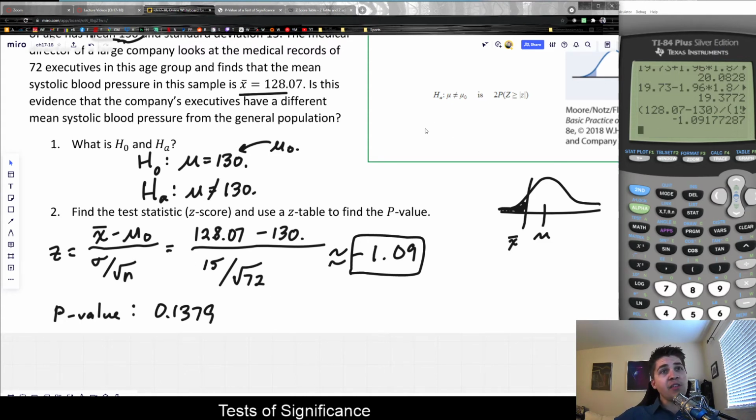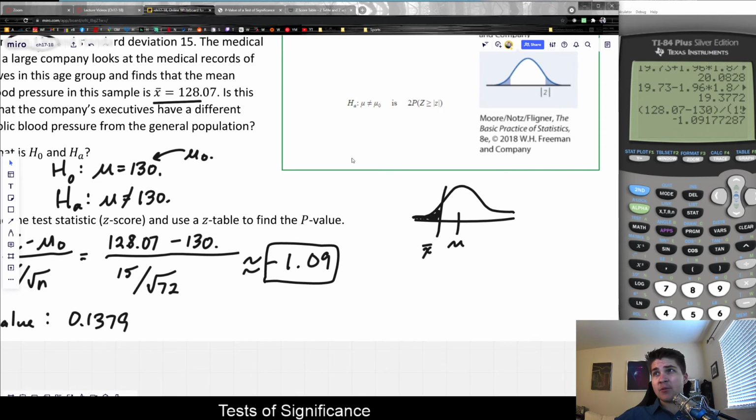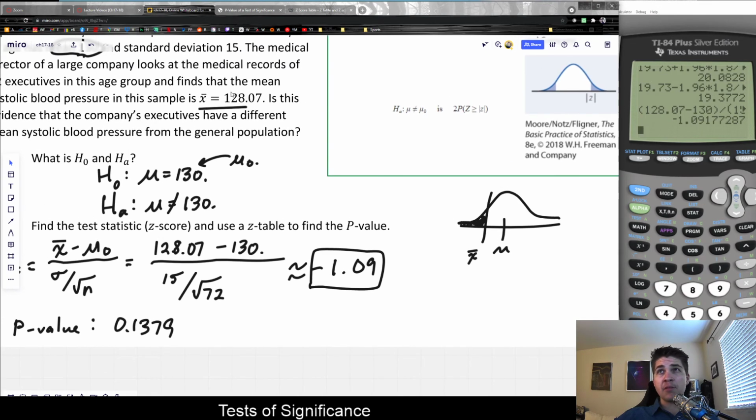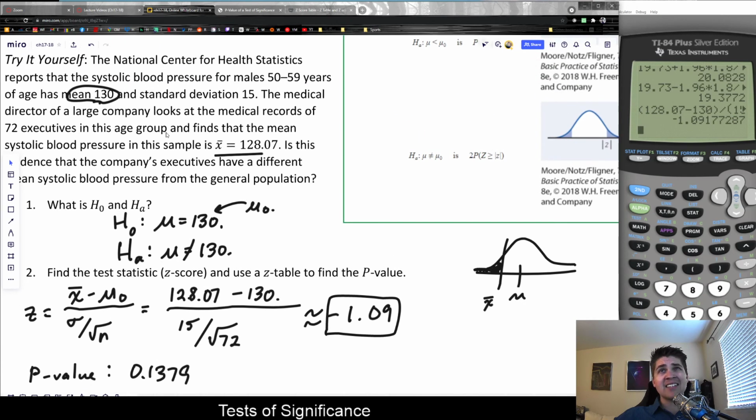One other thing we don't want to forget about a two-tailed test is that technically we want to check the likelihood that our actual sample value would be either that bad or that good. What this is saying is there's about a 13 to 14% chance that even if the actual mean was 130 for systolic blood pressure of men in that age group, we would come up with a randomized sample of 128. As I said at the beginning, this is not that different.